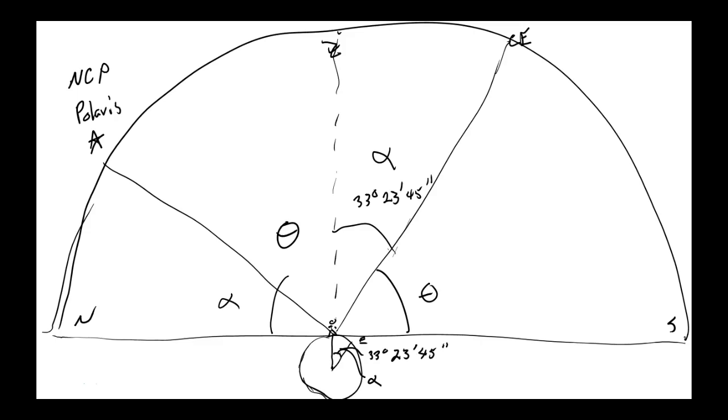So if that's theta, this has to be alpha. Right? All right. So that shows, hopefully beyond the shadow of a doubt, that your latitude on Earth is the same as the altitude of the North Star. That's why we shoot it, to find out our latitude.